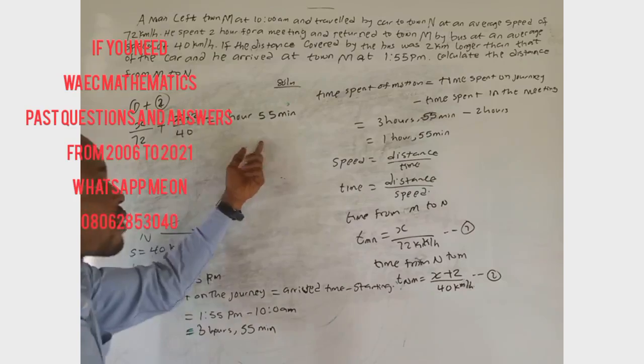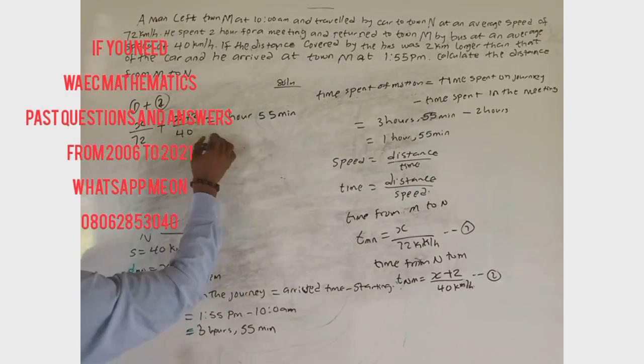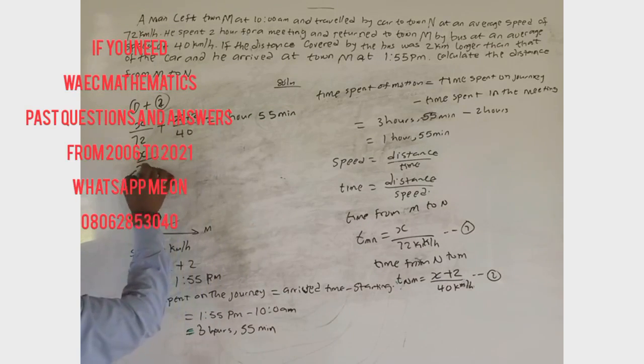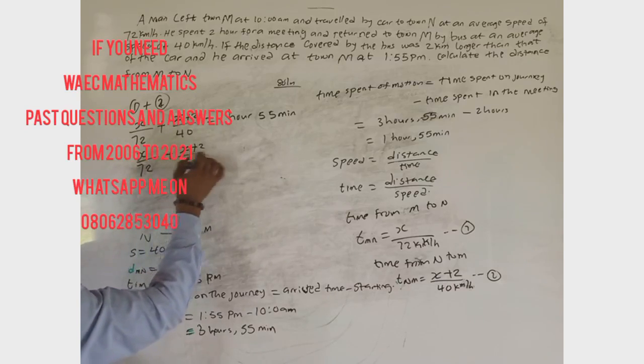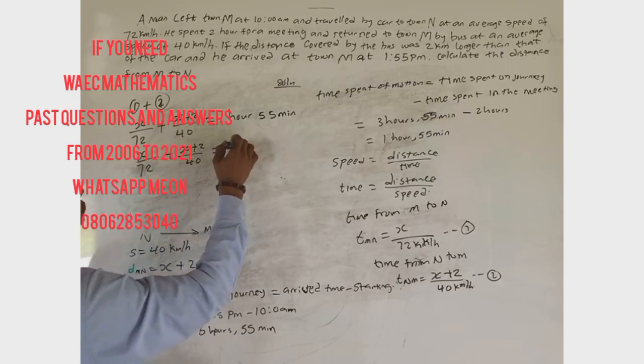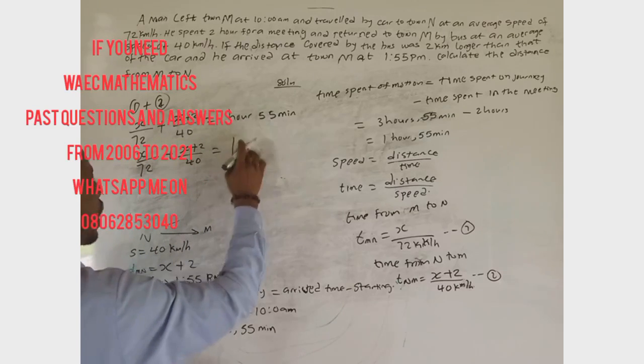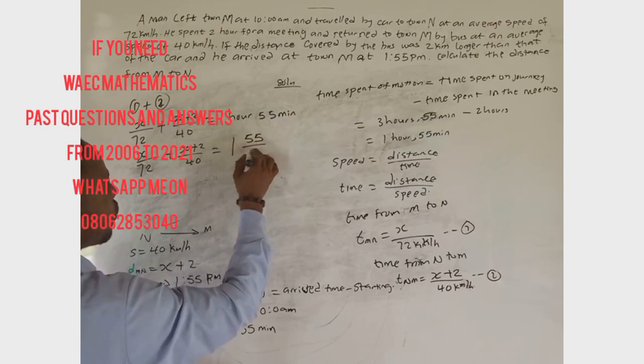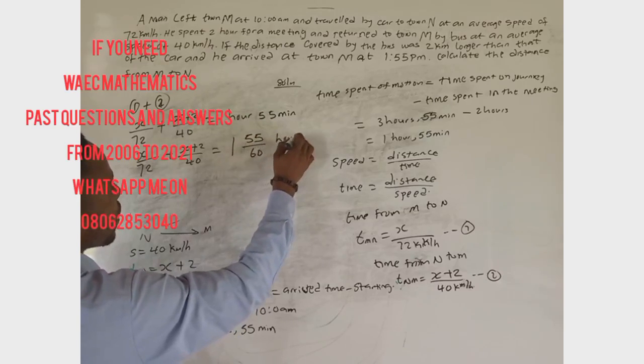You know 60 minutes make 1 hour. So here we keep S over 72 plus S plus 2 over 40 equal to 1 hour 55 over 60, which gives us hours.